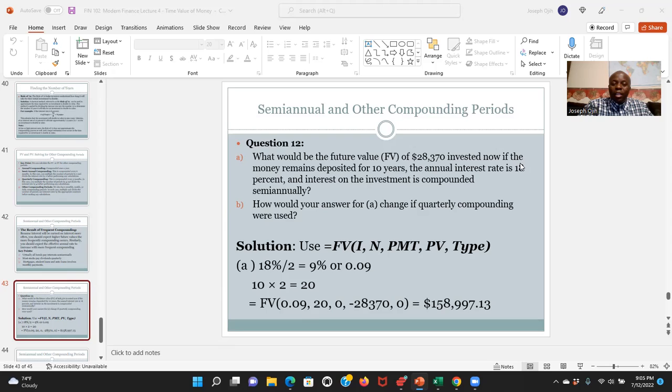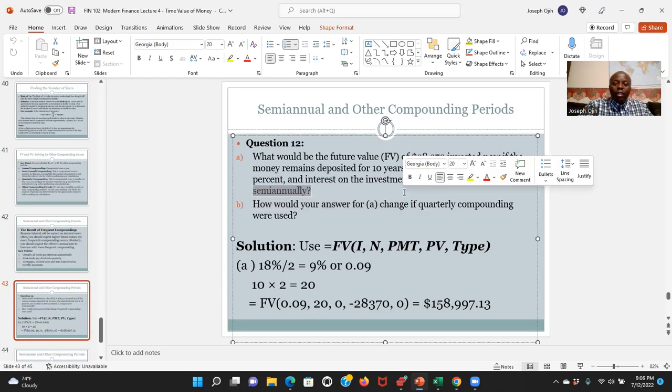The annual interest rate is 18%, and interest is compounded semi-annually, that means twice a year. Then part B says, how would your answer change if it is compounded quarterly?